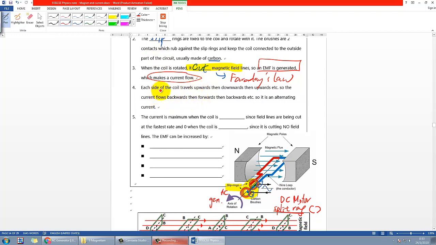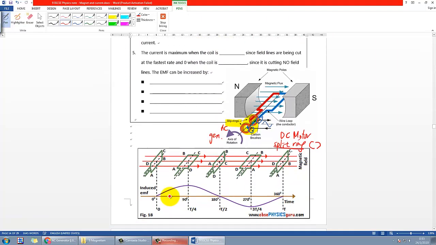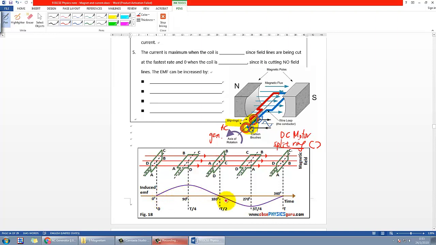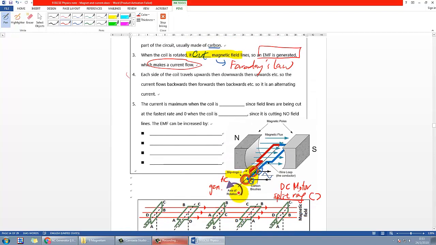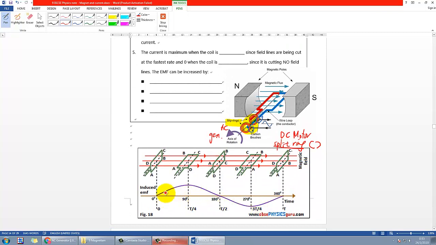And you can also read up number 4 by yourself, and also from the video itself. Therefore it will be a continuous change. It will be an AC current or EMF also, and therefore we call it AC generator instead of DC generator, because the waveform is alternating.